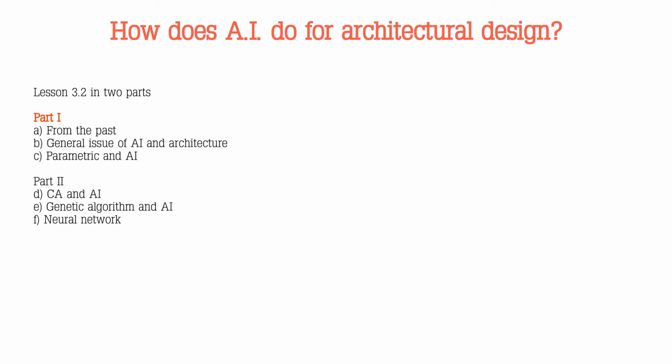So the first part is something like the past, plus some very inspiring information from my student Zhao Yafei. And the second part, which is made more by myself, concerns operating processes, some methods of creation in artificial intelligence and architecture, but more focused on parametric design.